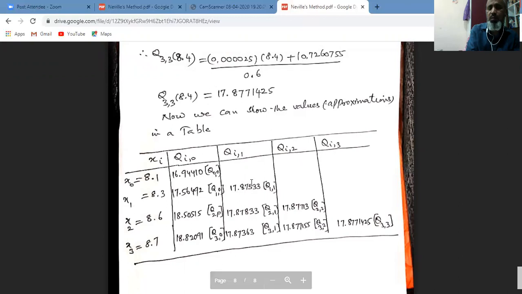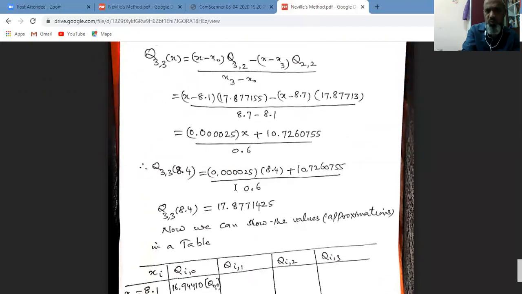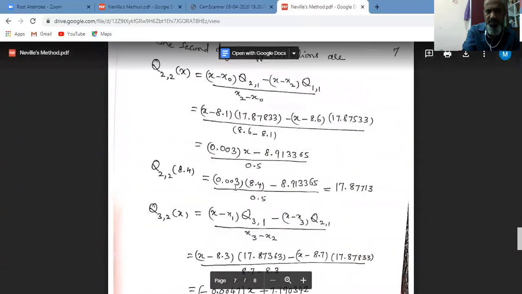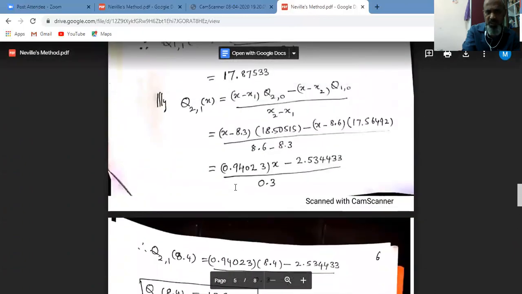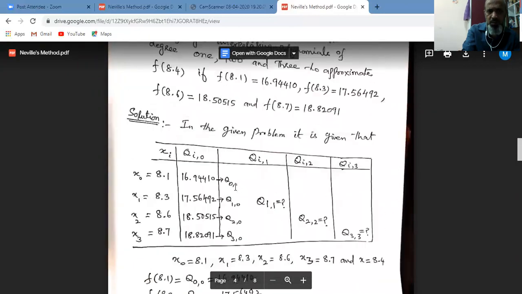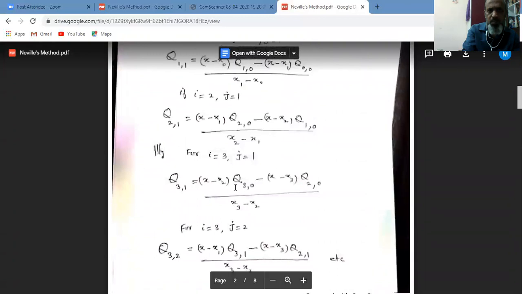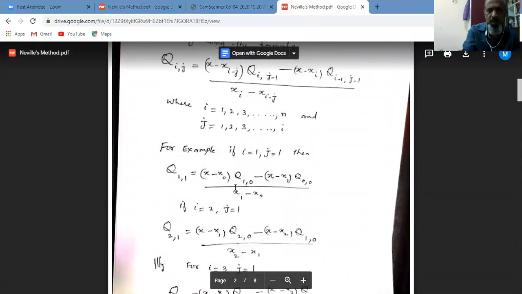Now we have to determine the first degree approximations using Neville's formula. What is the formula? Qi,j(x) is equal to, as we have seen in the second step, this formula. We have to remember this formula.